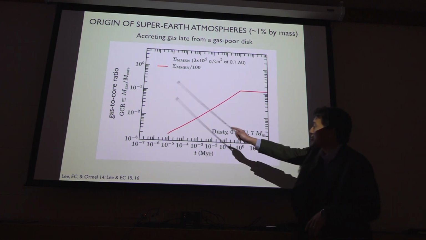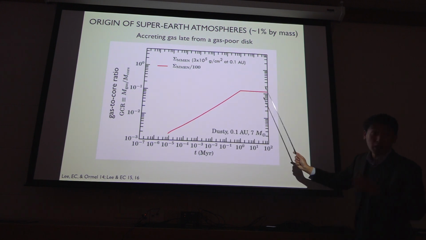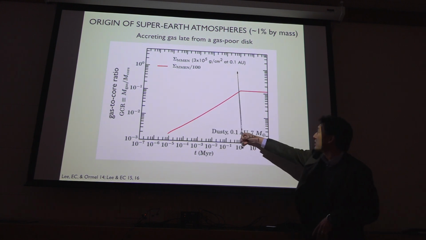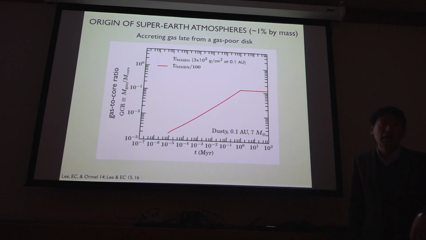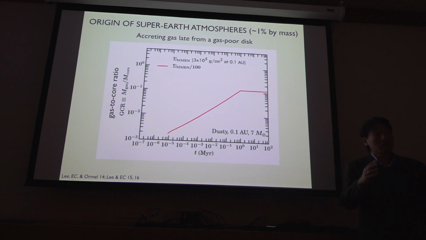So gas to core ratio, GCR, versus time, and up it goes. She's going to truncate the curve at about 1 million years, because that's how long the gas disk lasts. And at the end of the calculation, she finds a GCR of about 10%. So a little bit on the high end, but I would say in the ballpark, right, for these super-Earths.